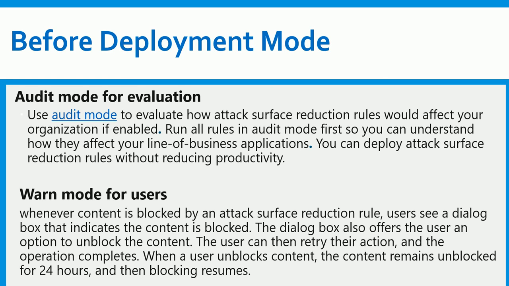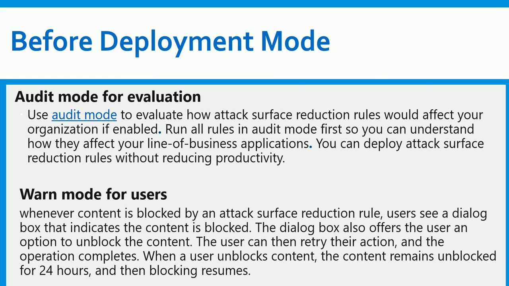The dialog box also offers the user the option to unblock the content. If you are using the warn mode, then the user will be allowed to unblock the content, and the user can retry their action, and the operation completes.